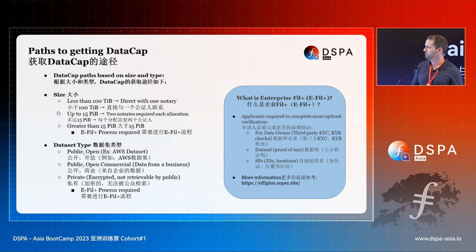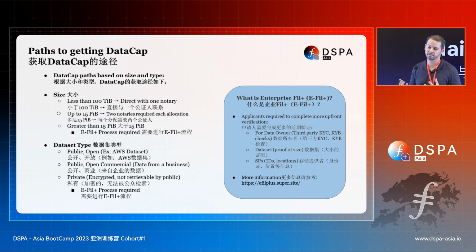So now we have some processes in place that require third-party checks for the client: an identity check, to say who you are behind the GitHub identity. A business check, to prove that the data is coming from a real business that exists somewhere in the world. Proof of the data set. You might say that you have a 5 petabyte data set. That's a huge data set.